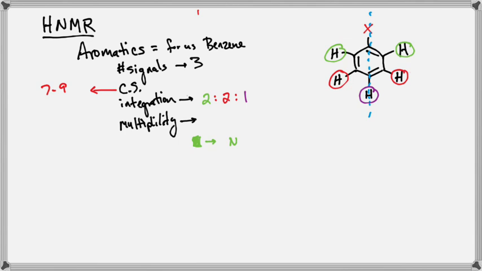Okay, and this gets weird because you say, well, but there's 2 neighbors, right? But remember, this whole half of the molecule is already explained. So I'm only looking at one half, with respect to the green and the red hydrogens. Which means that green hydrogen sees how many neighbors? 1.